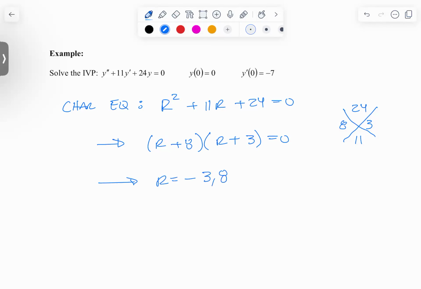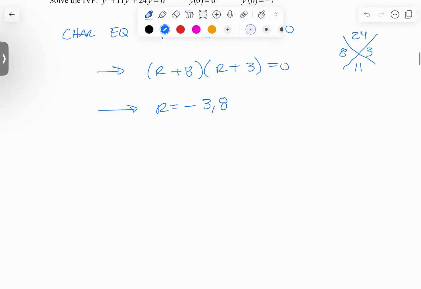But yes, the quadratic formula always works as well. Factoring is just so beautiful. It's so elegant. And the really elegant thing about this is after solving a simple little algebraic formula, I have the general solution in one step.